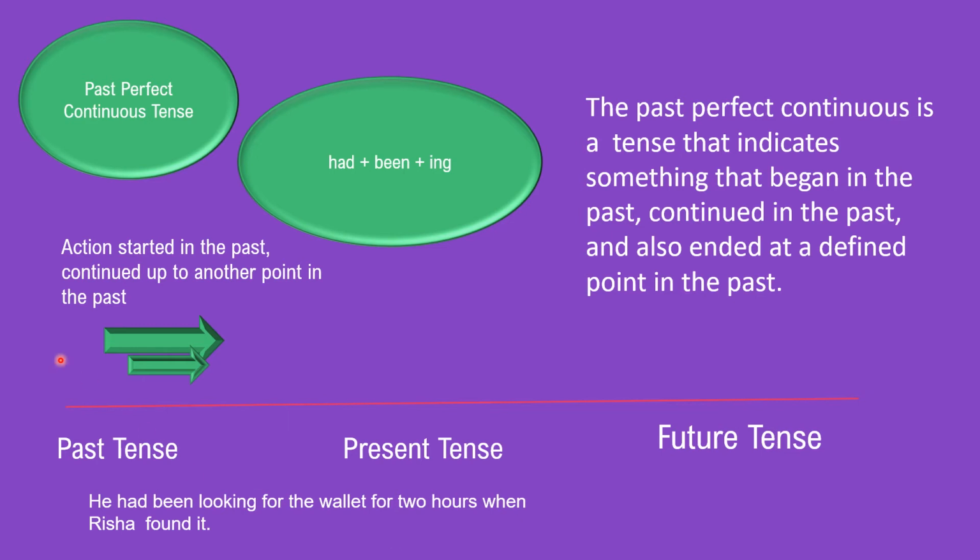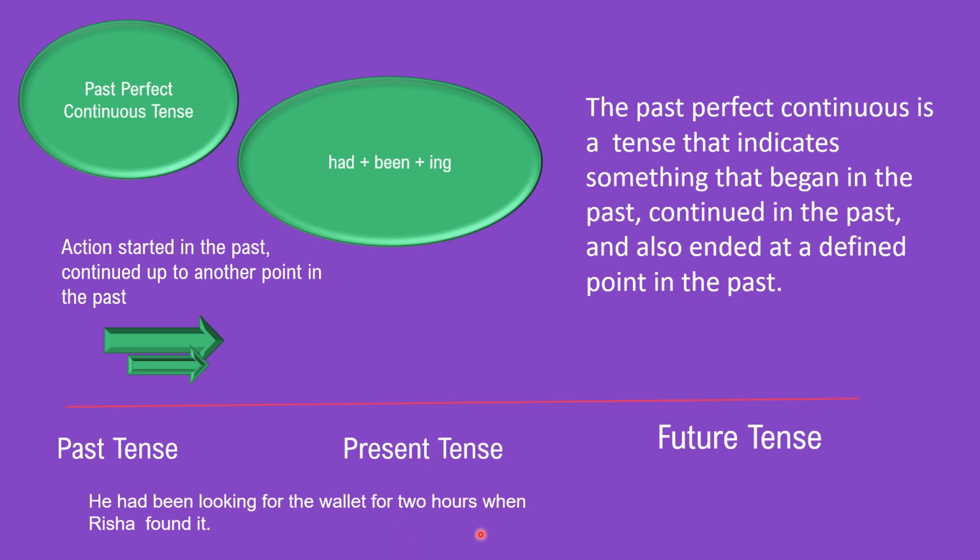It was continuing. That's why I've given these 2 arrows. Action started in the past, continued up to another point in the past. In other words, the past perfect continuous is a tense that indicates something that began in the past, continued in the past, and also ended at a defined point in the past.